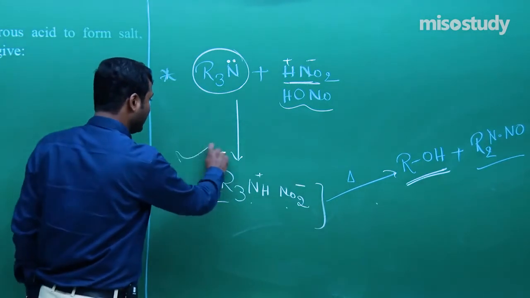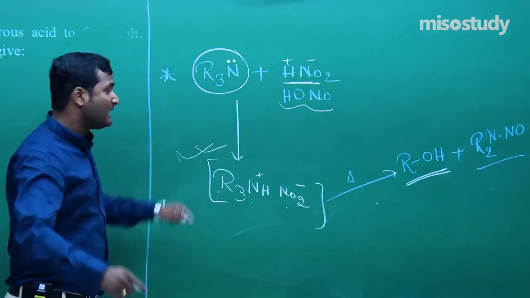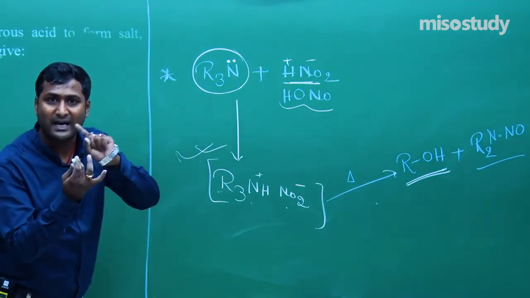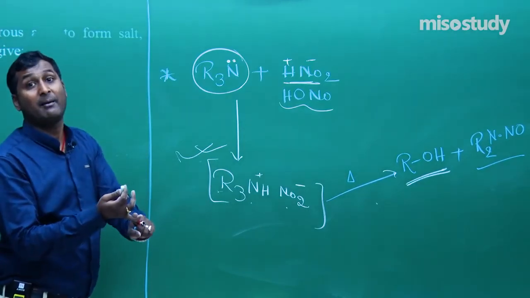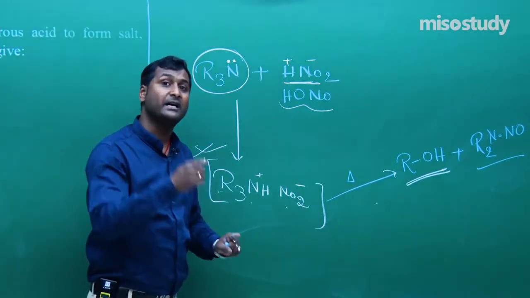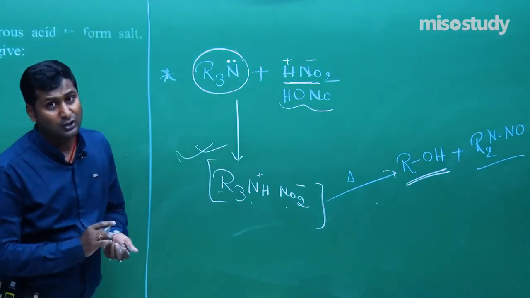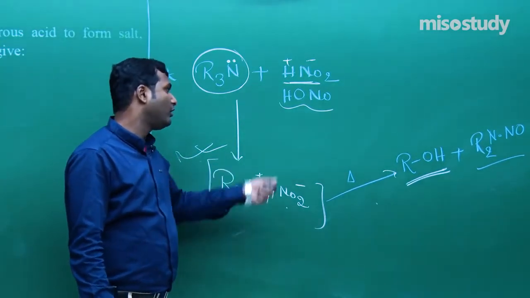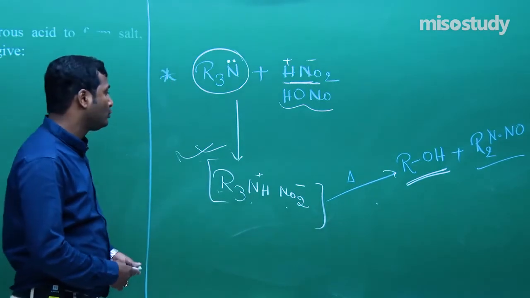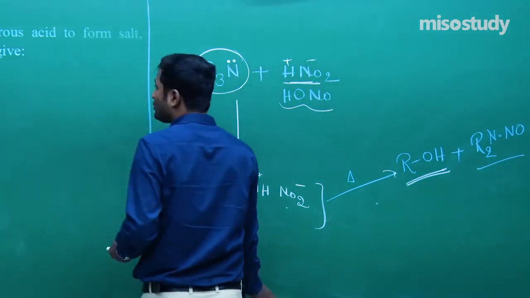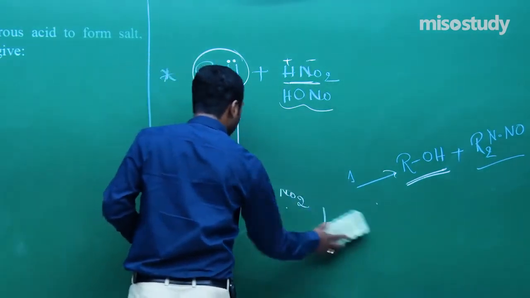Clear? This is the reaction. I have discussed how to differentiate primary, secondary and tertiary amines, and the products of each on treatment with HNO2. So for this question, D is the correct option.